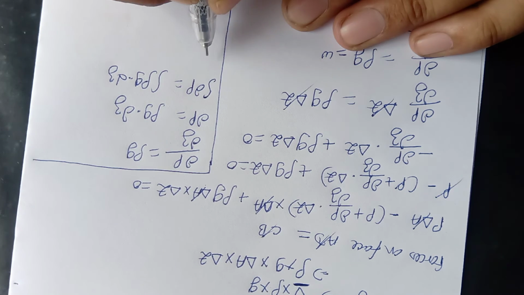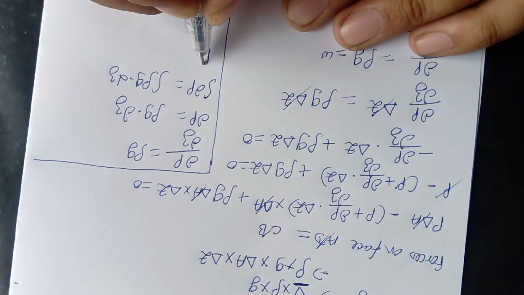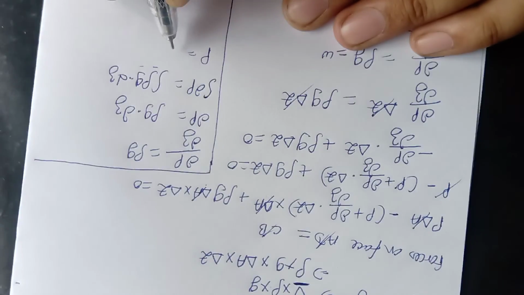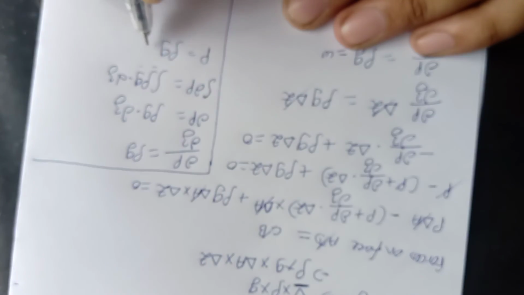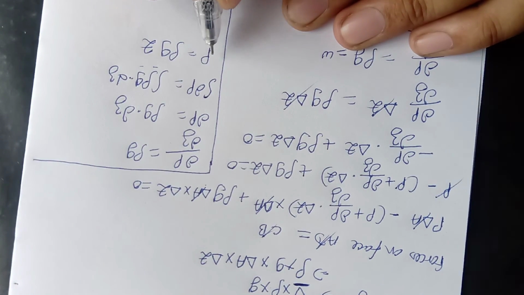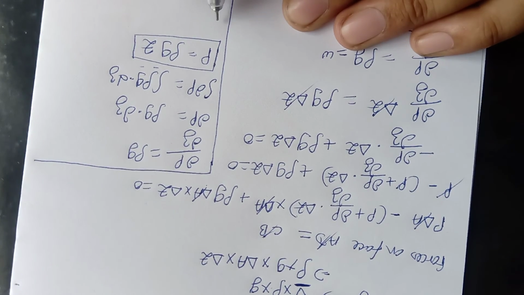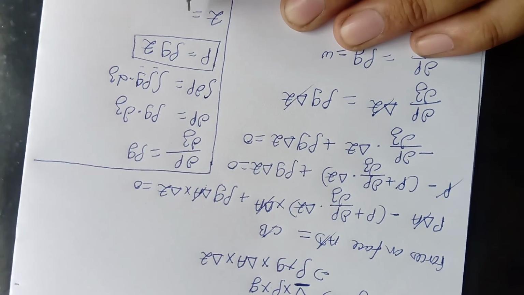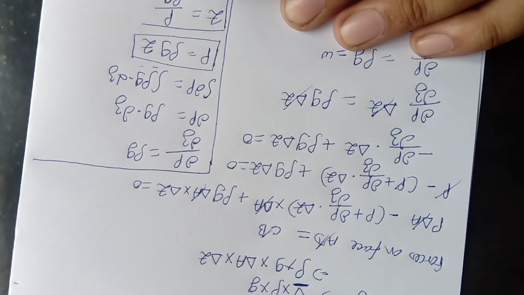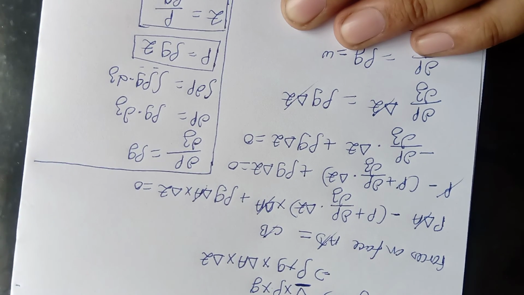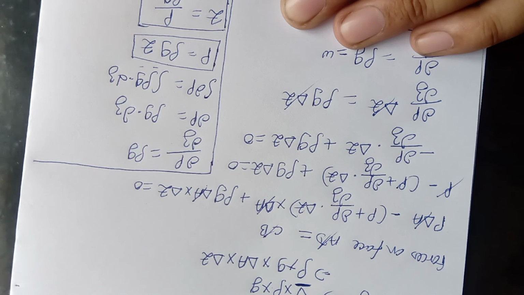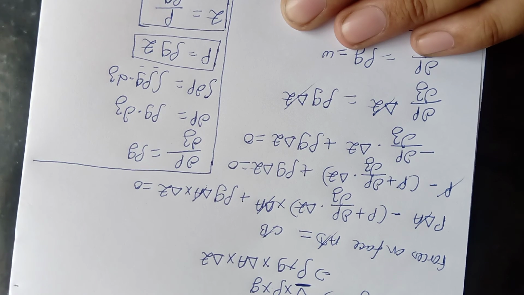On integration, P, and rho and G are constant, so dZ will become Z. So we can say that P is equal to rho G Z, or else Z is equal to P by rho G, where rho is called density, G is called gravity, P is called pressure, and Z, what is Z? Z is called the pressure head.